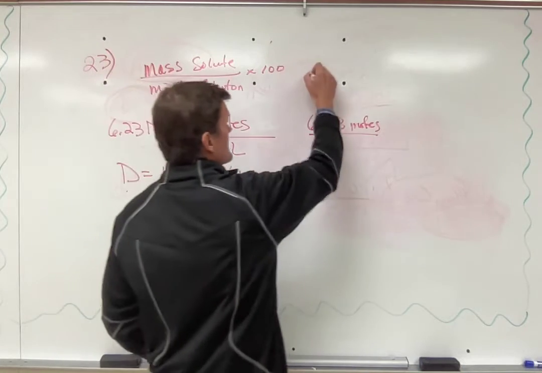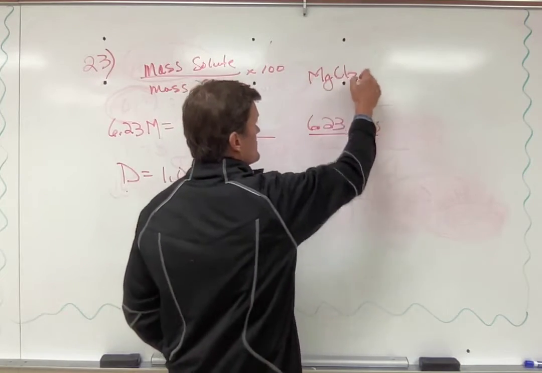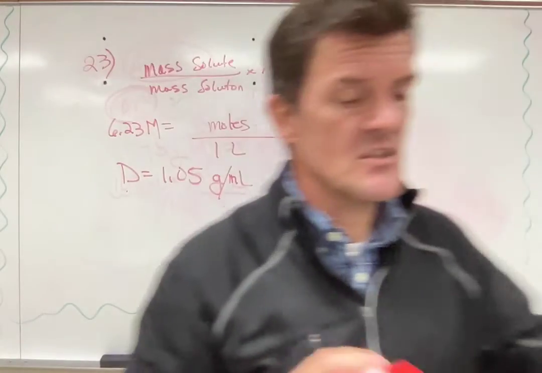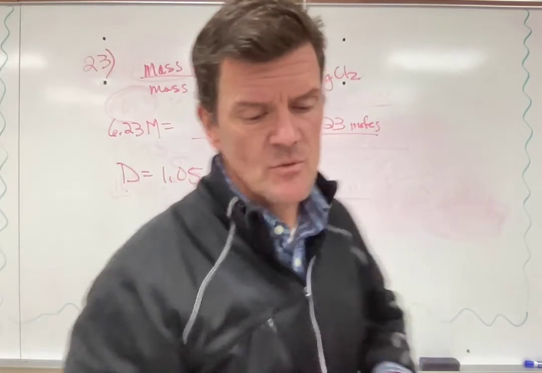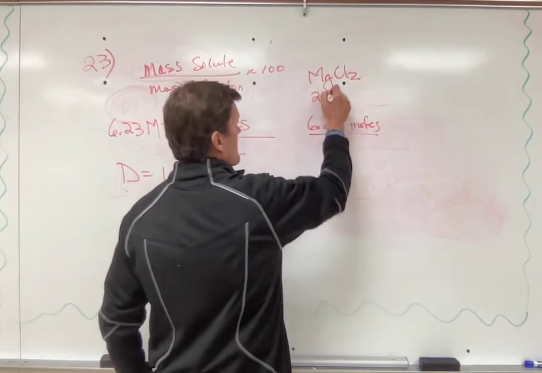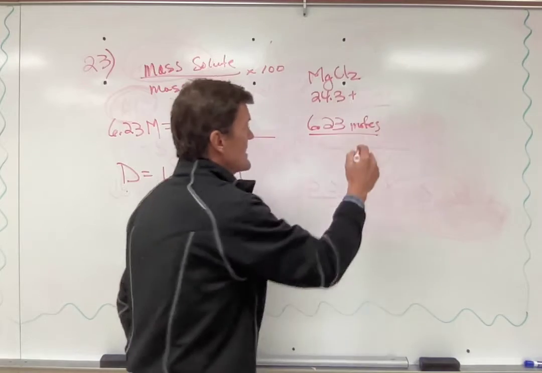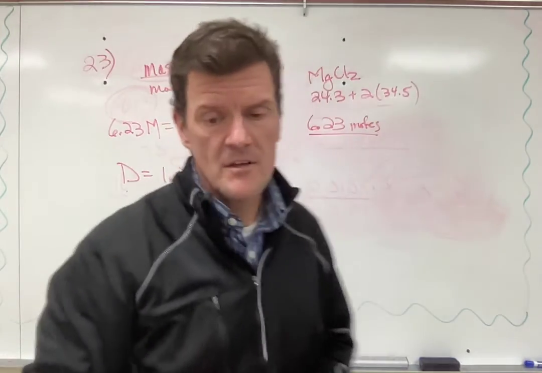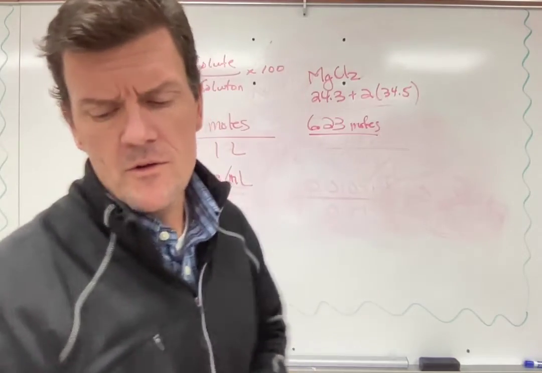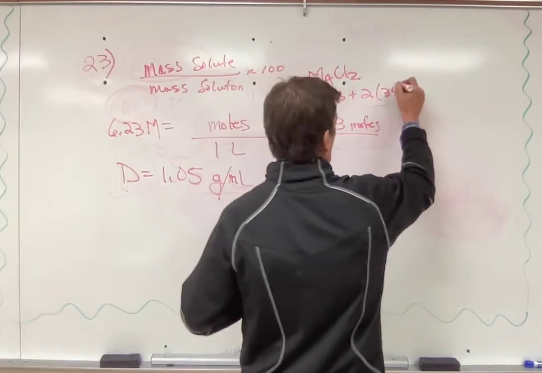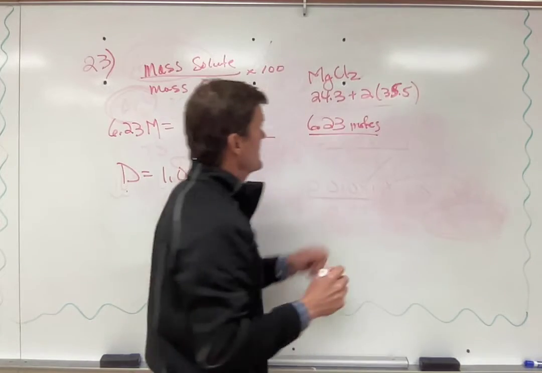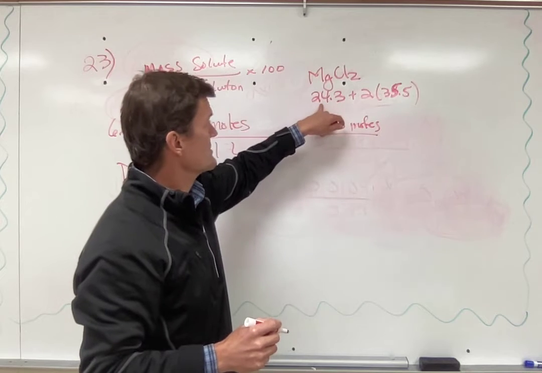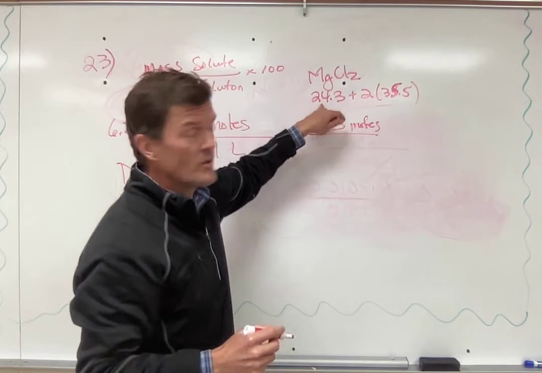Well, for MgCl2, I need to find the molar mass from the periodic table. So I look at my periodic table, and Mg is 24.3. 2 Cls, Cl is 35.5, sorry. So 2 times 35.5, that's going to be 71, plus the 24, that's going to be 95.3.